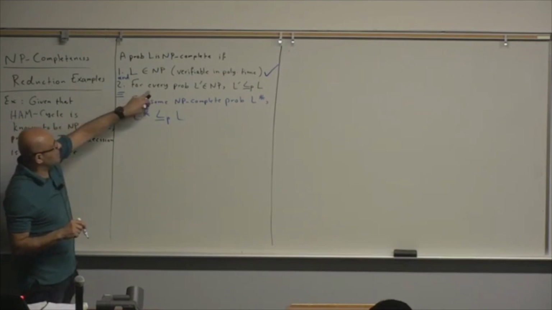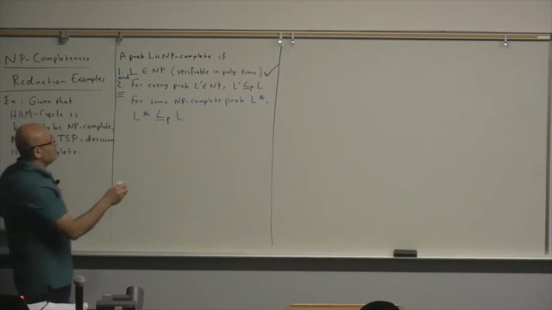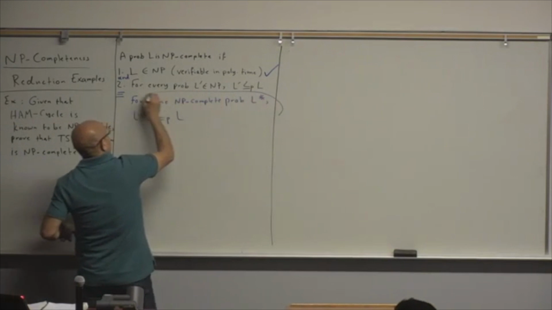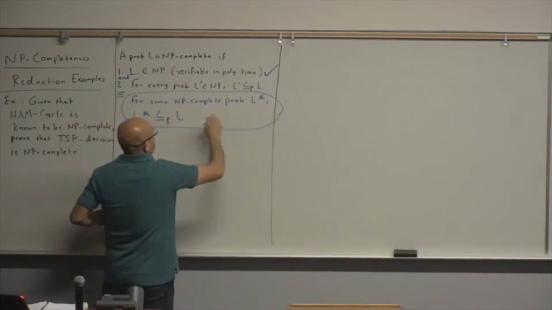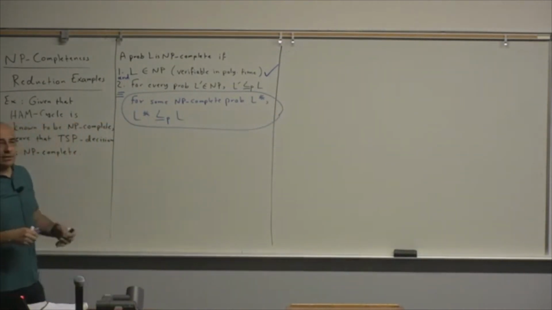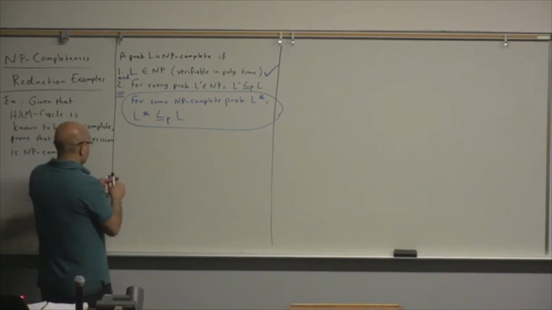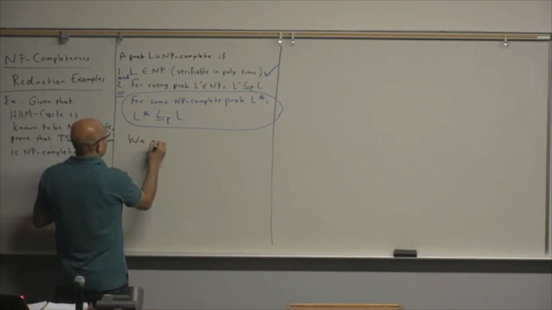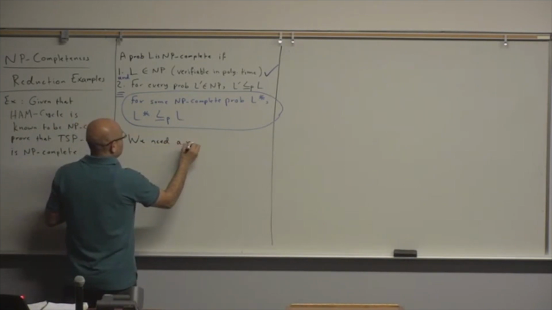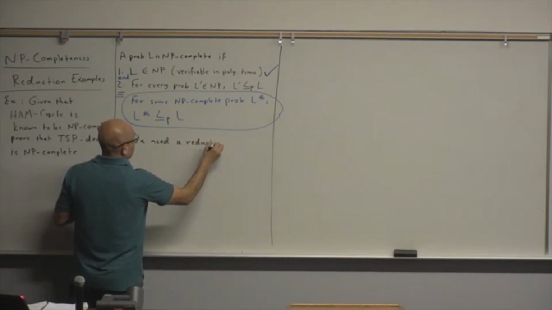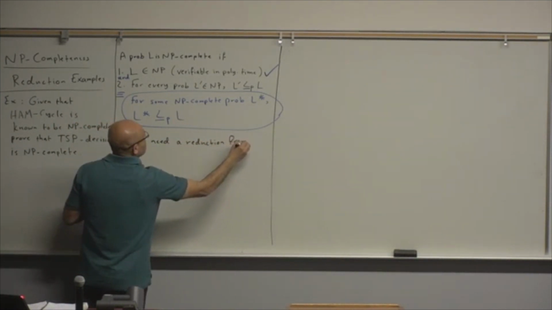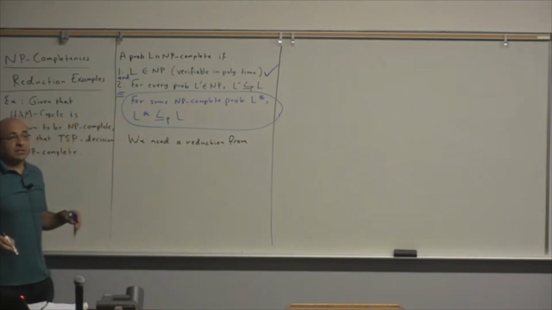The interesting part is this. Of course, we're gonna use the blue condition, and we will be using Hamiltonian cycle as the problem that is known to be NP-complete to prove the NP-completeness of the traveling salesman problem. So we need a reduction from Ham cycle to TSP, or TSP to Ham cycle.